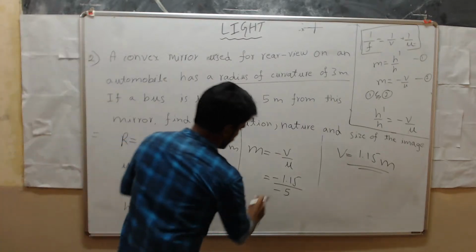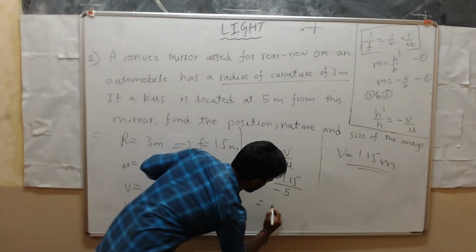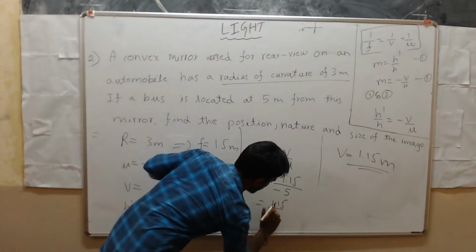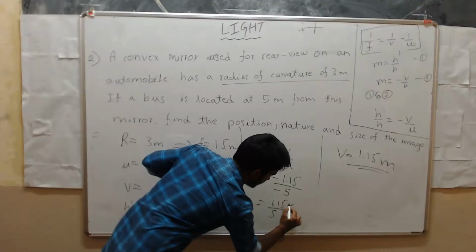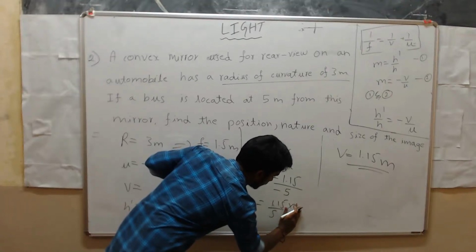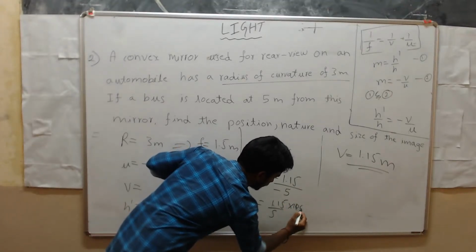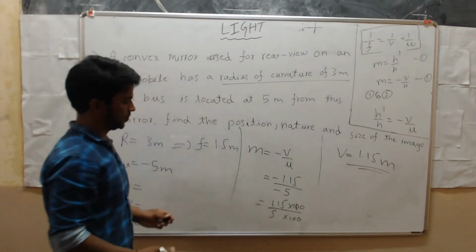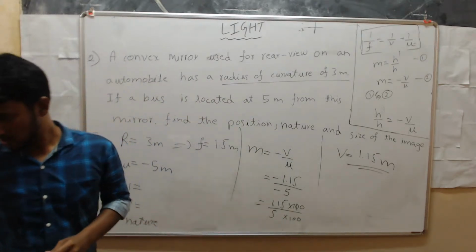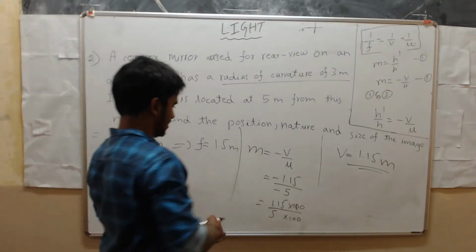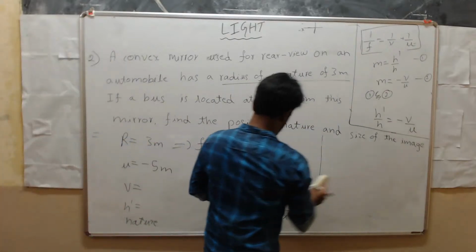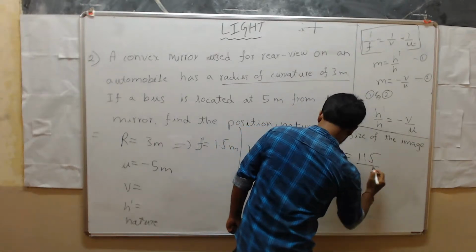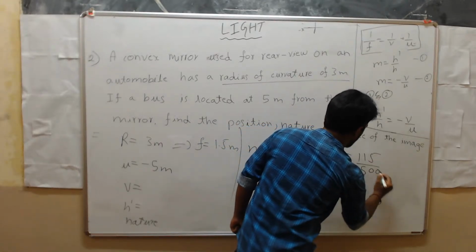So minus 5, minus plus, that is 1.15 divided by 5. Better to multiply by 100, then divide by 100. So then we get m is equal to 150 divided by 500.